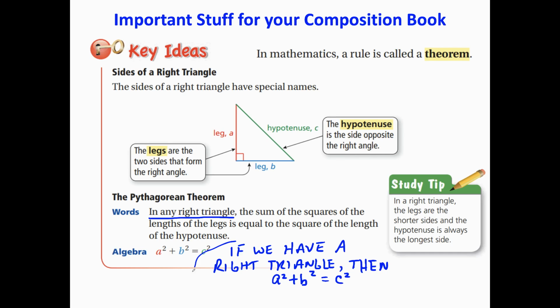This is another way of writing the Pythagorean theorem with the if-then kind of structure.